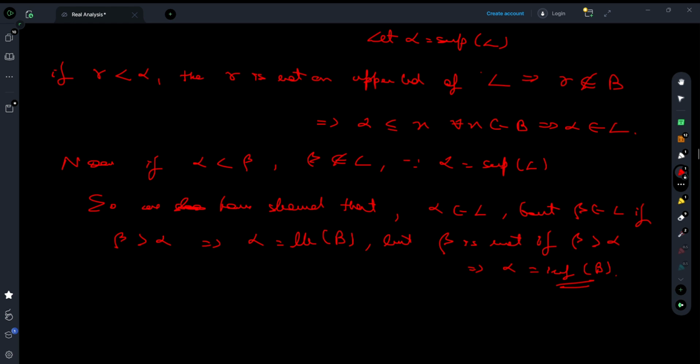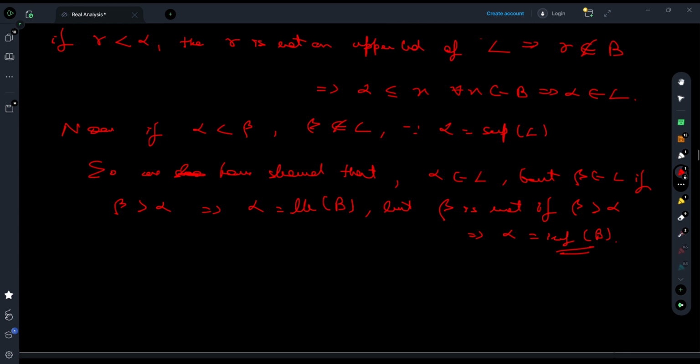So that means alpha is the infimum. Okay, that is all with this. Clear? What we actually do is that we consider alpha to be the supremum of L after showing that L is bounded above, and then we show that any number which is greater than alpha is not a lower bound of B. That means alpha is the largest possible lower bound of B, and that means alpha is the infimum of B. Is it clear?